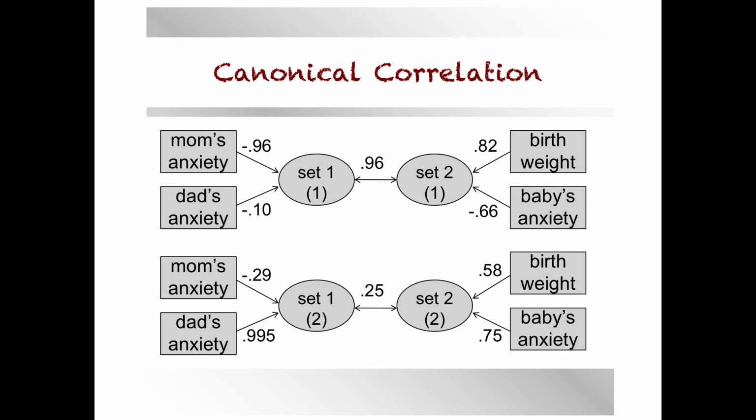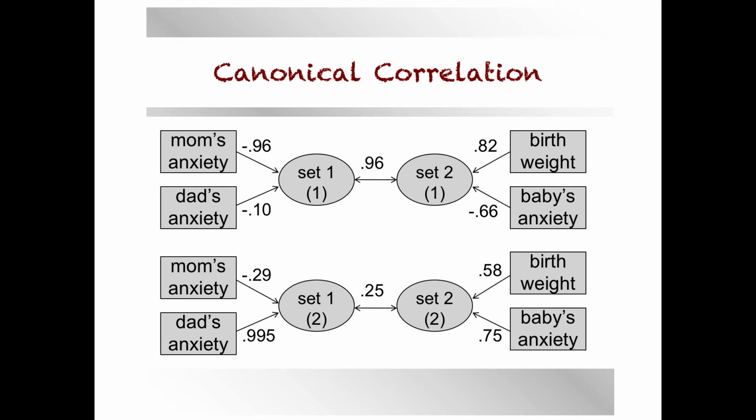So the first one, 0.96, is a high correlation, a strong relationship between set 1 and set 2. We could also name our set 1 and set 2. I'm going to say parents' anxiety for set 1, and baby's health for set 2. For the upper part of the diagram, the first parents' anxiety variable is composed mostly of mom's anxiety at negative 0.96.